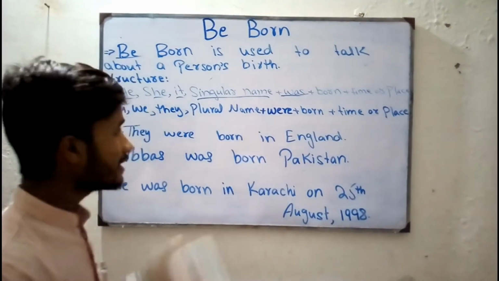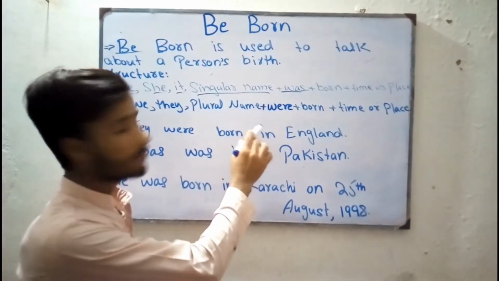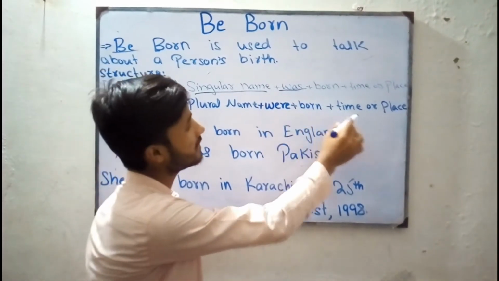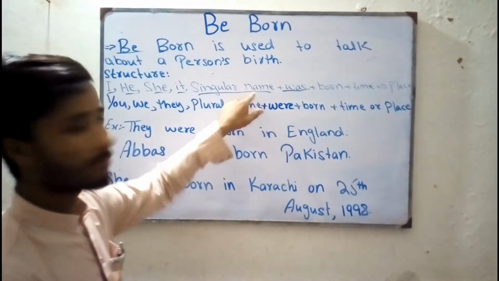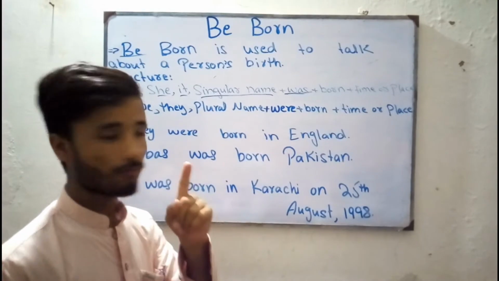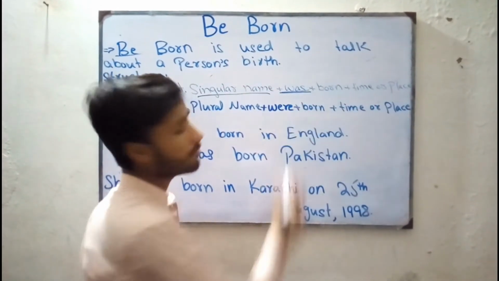Is this clear? See the other structure. You, we, they, plural names plus were plus born plus time or place. As I said, with a singular name, we have to have a single name, and after a single name we have to use was.